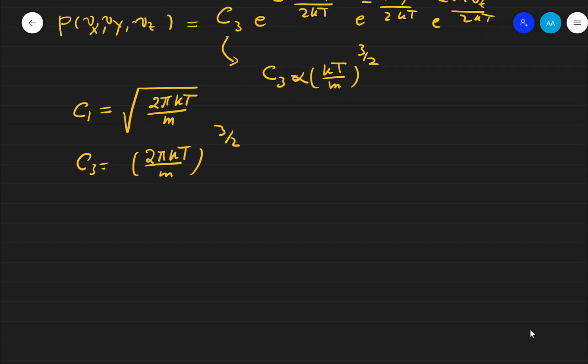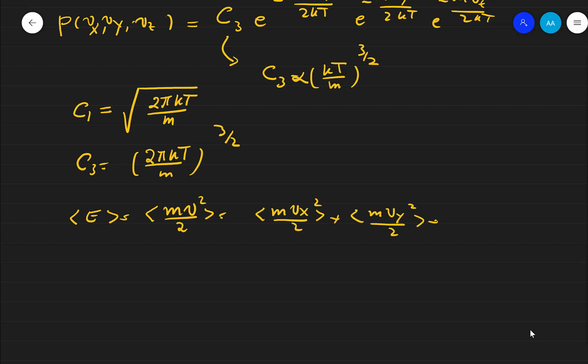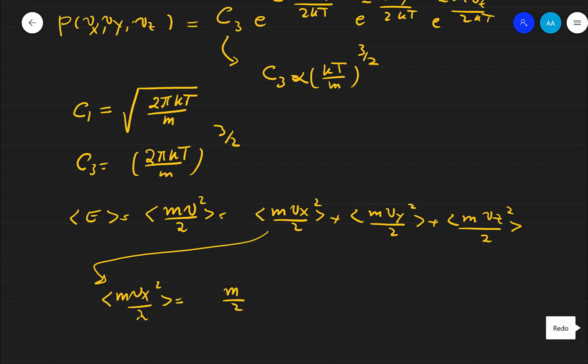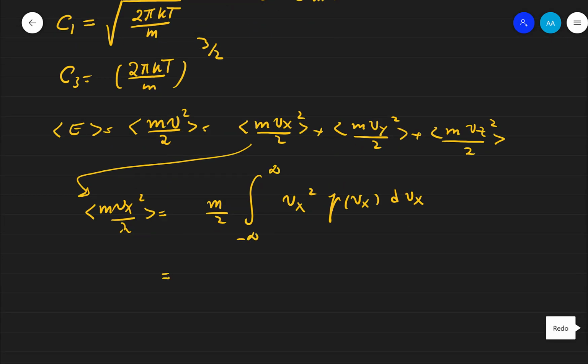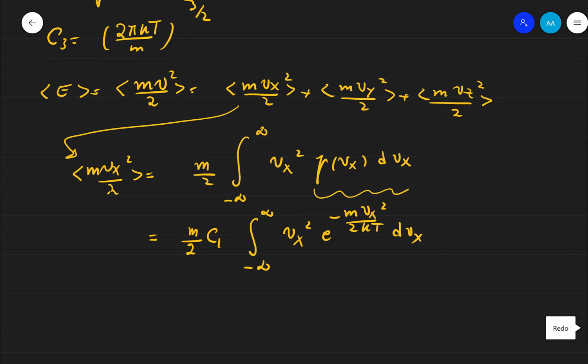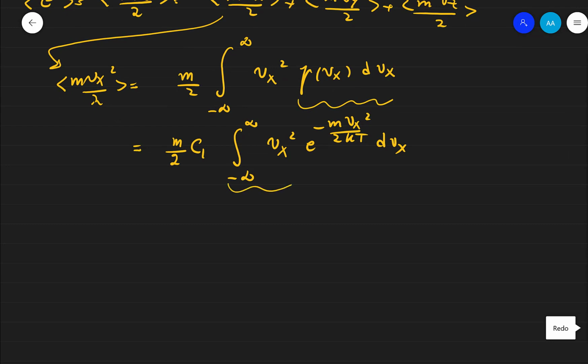We can obtain moments, for example the averages, such as the average of energy. By replacing the velocity distribution function, we can non-dimensionalize this integral by defining a dimensionless variable.